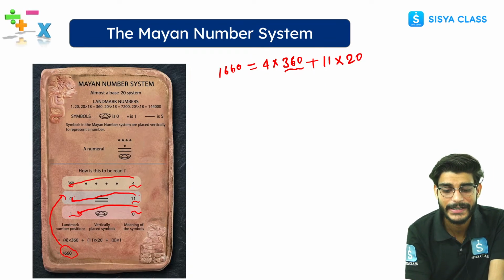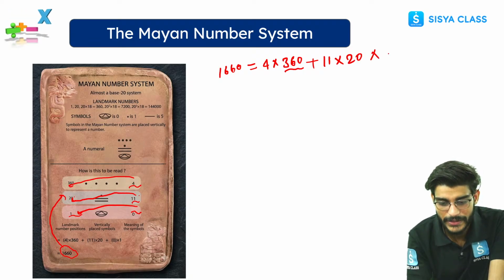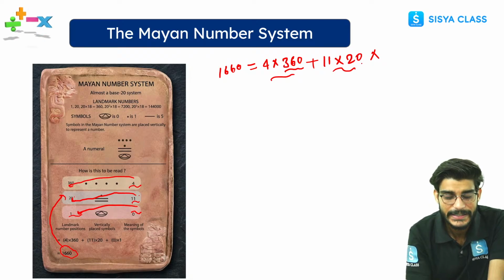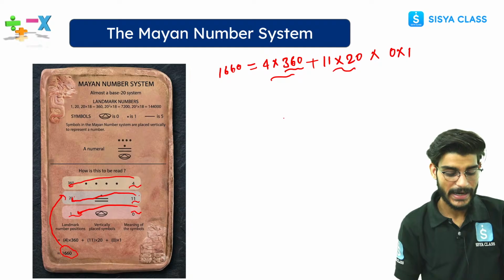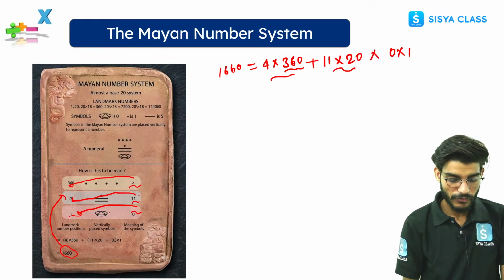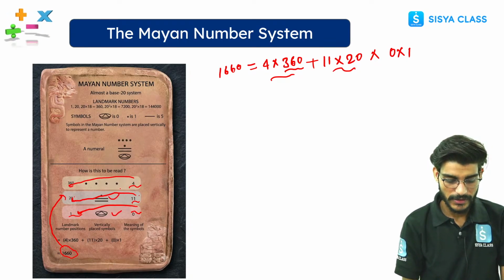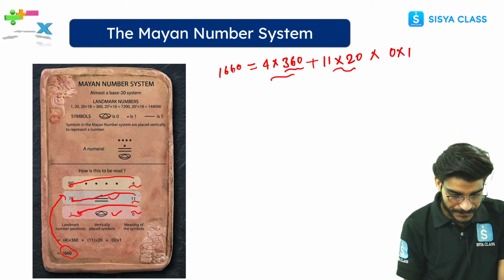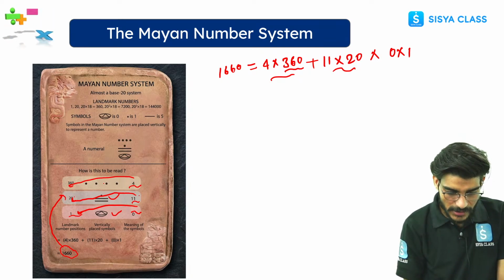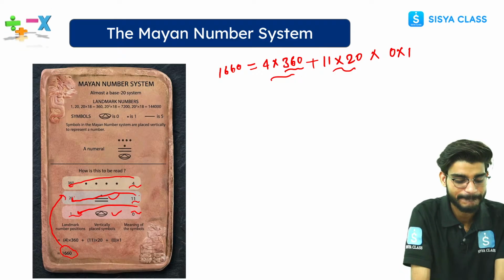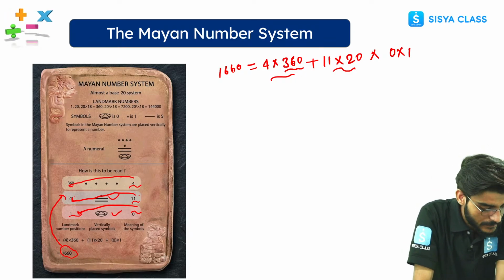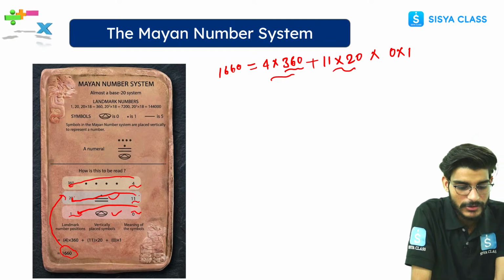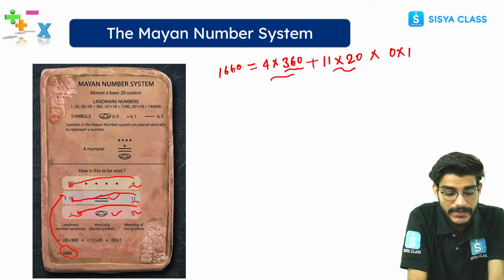Because the base was 20 as well. Then 0 into 1, obviously there is no need because these two numbers add up to 1660 only. But for notation I have to give this. Clear? So for 0 they have used this notation, and for 4 they have used 4 dots. For 360 they have used this one. Clear? So this was all about the Mayan number system.